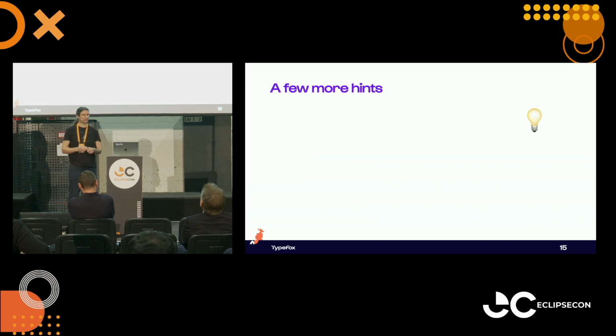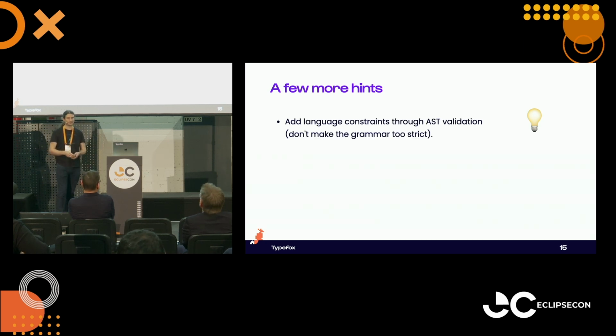Yet, just a few more hints on this level of designing the grammar. So when you want to describe constraints to your language, usually you should do that in validation, which is an additional step that runs on the abstract syntax tree. You should not always do that by making the grammar too strict, because with validation, the nice thing is you can provide much better error messages to the users when they violate the syntax.